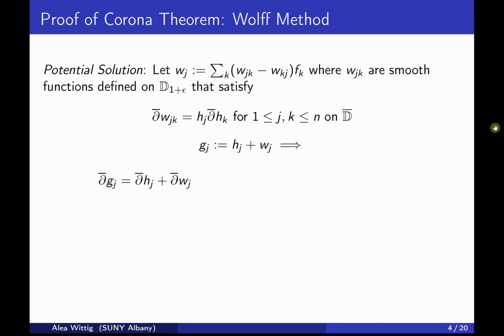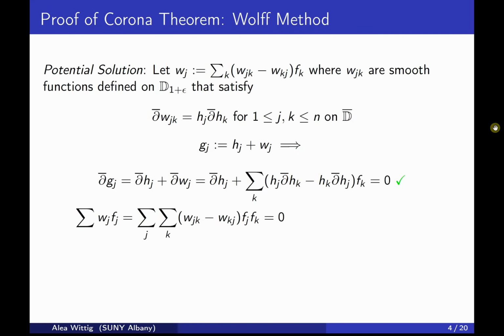So taking g_j equal to h_j plus w_j, our d bar g_j is equal to this long equation here, which is equal to 0 by construction, right? So we also have the sum of the w_j f_j is equal to 0, which gives us condition C, right? So the sum of g_j f_j is equal to 1.